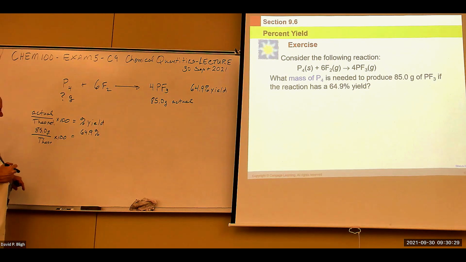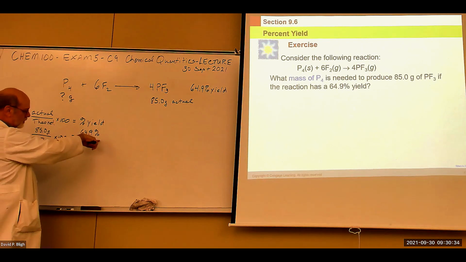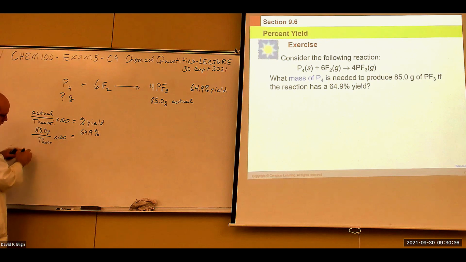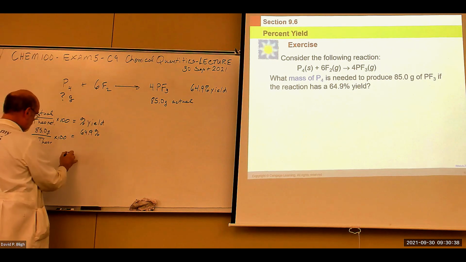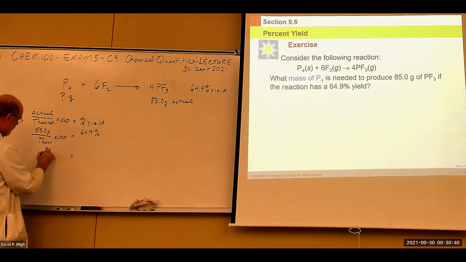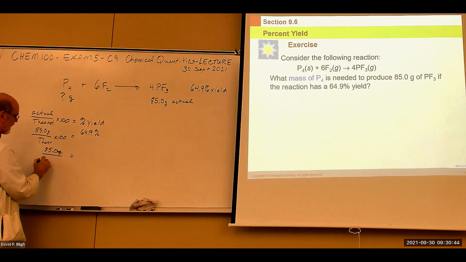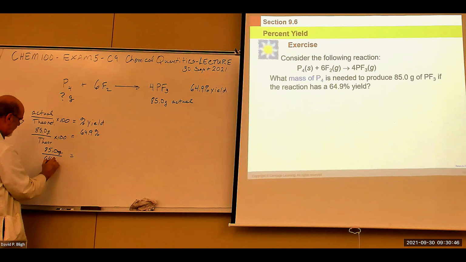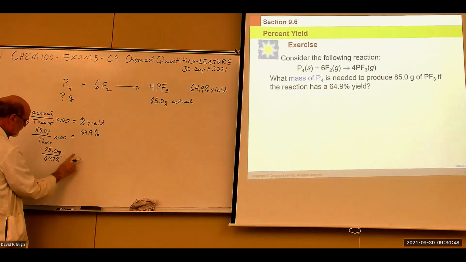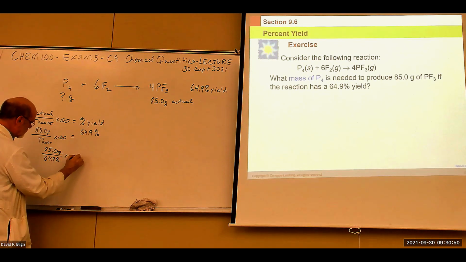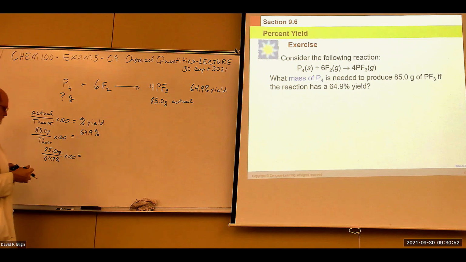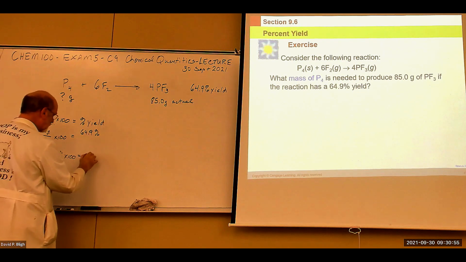Theoretical is in the denominator over here, which means it needs to come over to the numerator, and this one comes over to the denominator. So we'll have 85 grams divided by 64.9%, times 100, equals what? Theoretical.